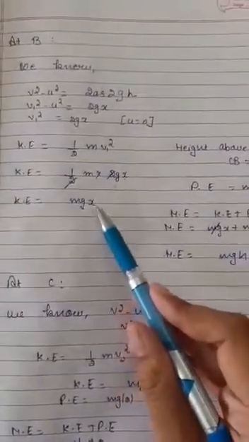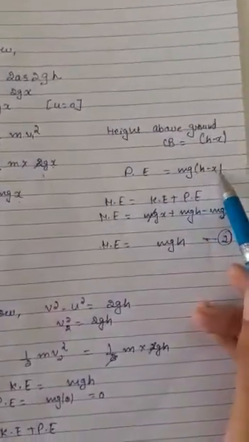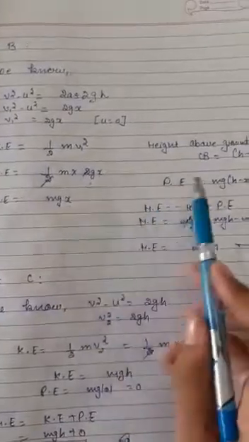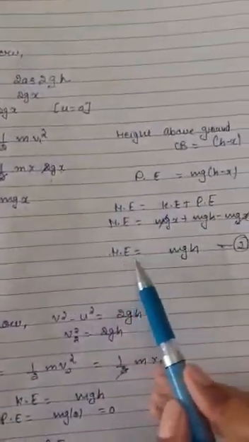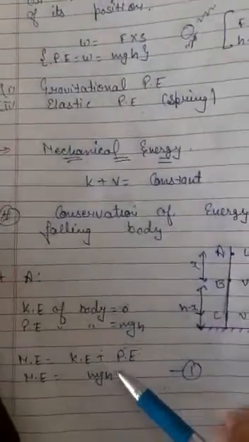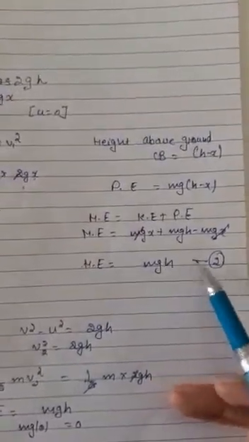For kinetic energy we found mgx, for potential energy we have mg(h minus x). After adding these two, mgx and mg(h minus x), I'll have mechanical energy equal to mgh. You can see beta, in the first equation also I found net mechanical energy as mgh. Here also at the position of B mechanical energy is mgh.